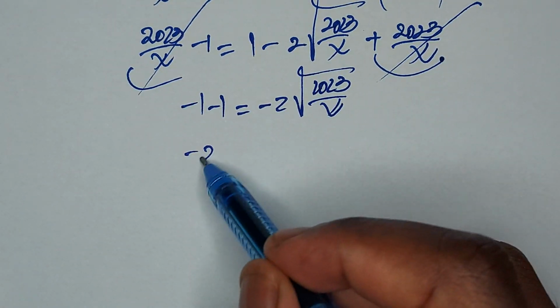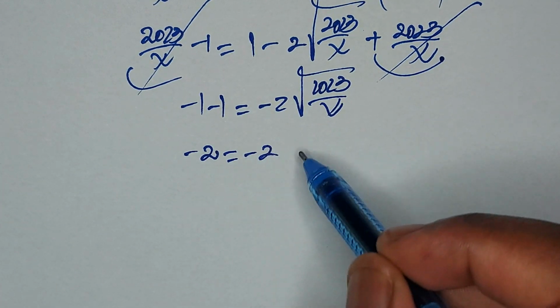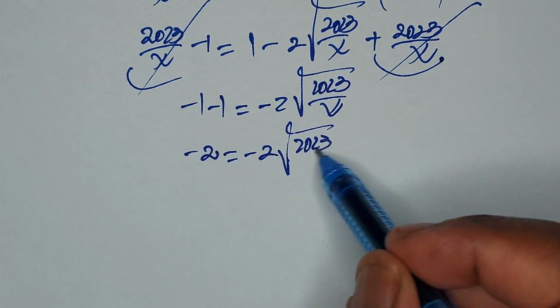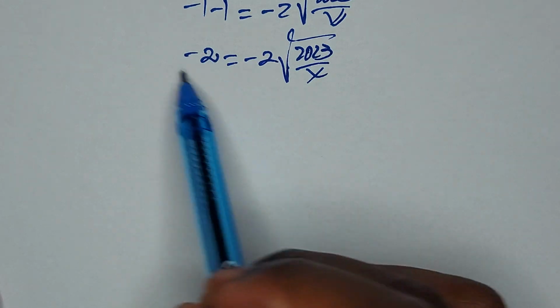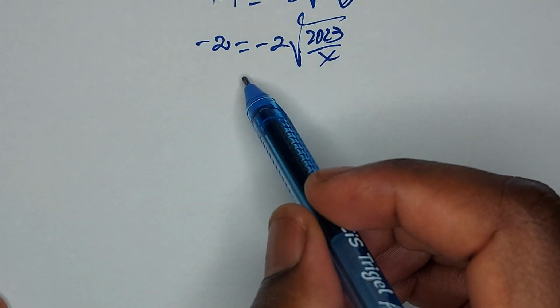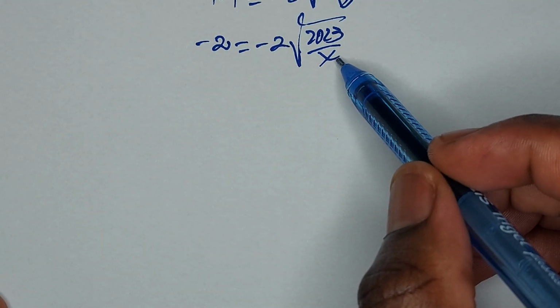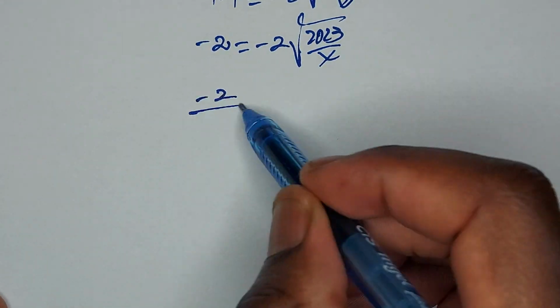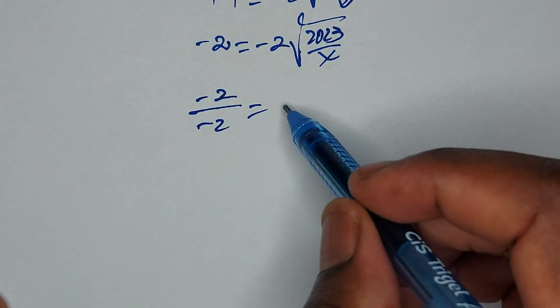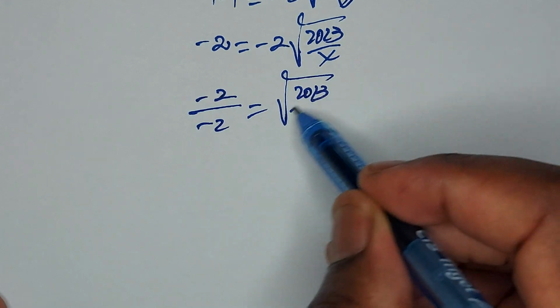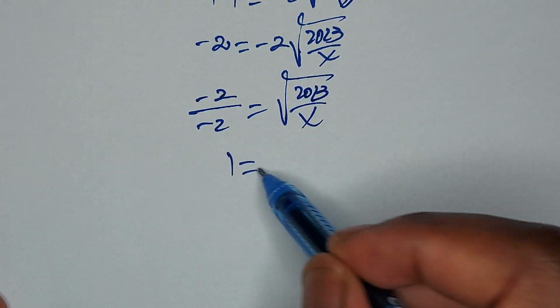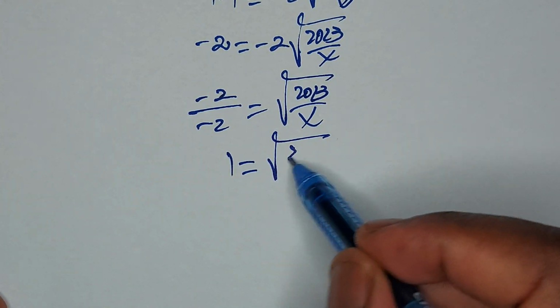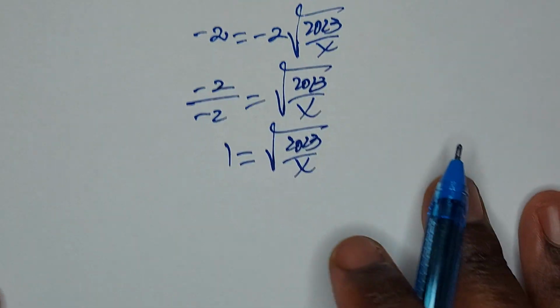And now we have minus 2 equals minus 2 square root of 23 over x. So now we divide both sides, minus 2 divided by minus 2, and we get 1 equals the square root of 23 over x.